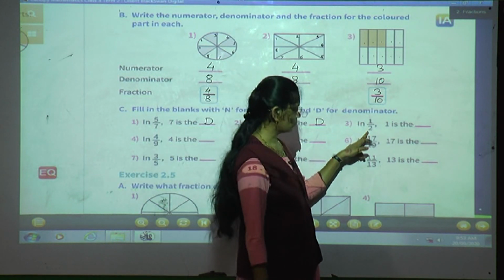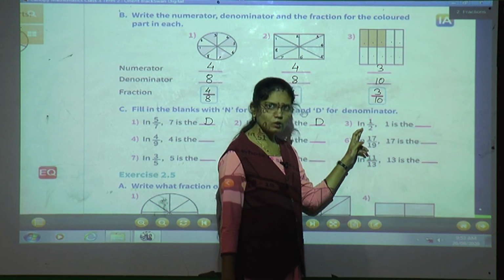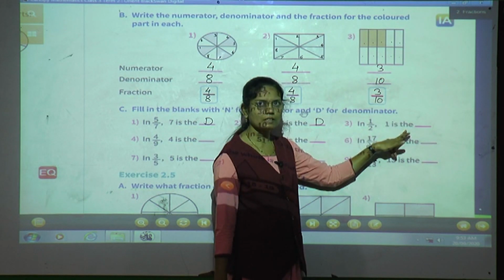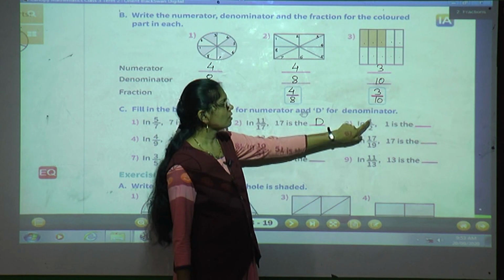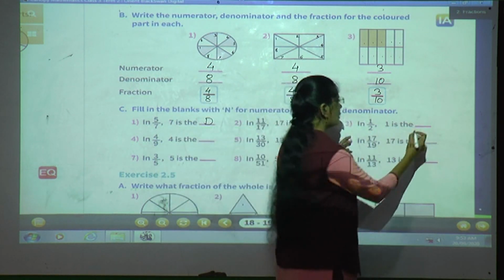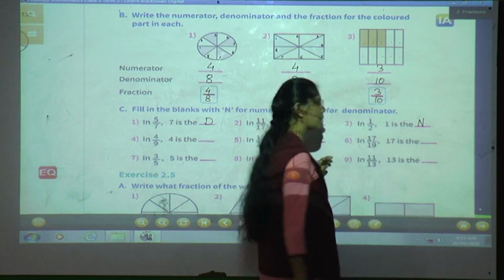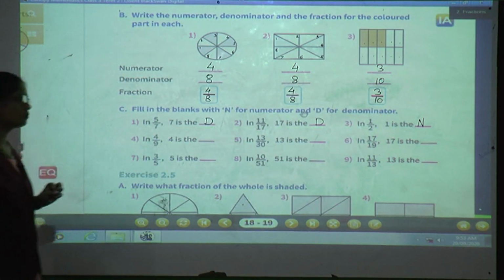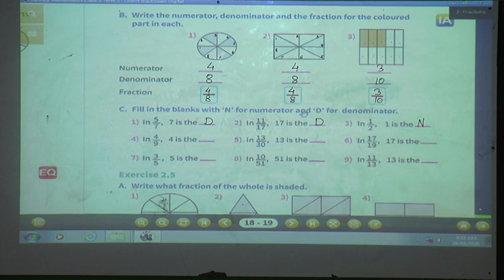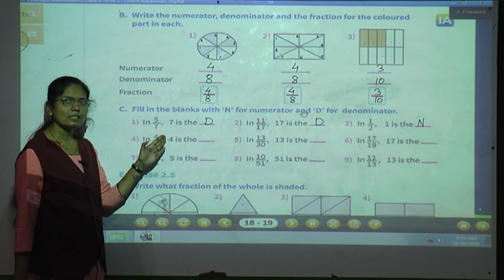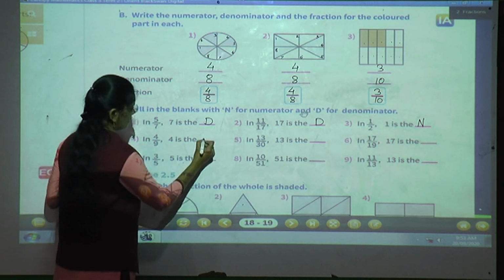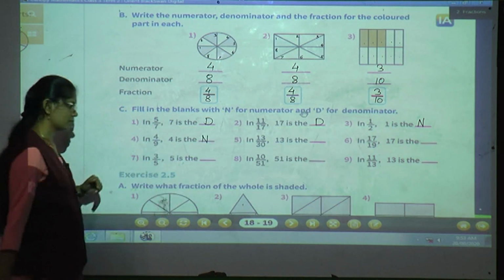In 1 by 2, 1 is the, see where is the 1? 1 is on the upper side, so 1 is the numerator. So here we have to write capital N. N stands for numerator. Then in 4 by 9, 4 is the numerator. Correct. So write here N.